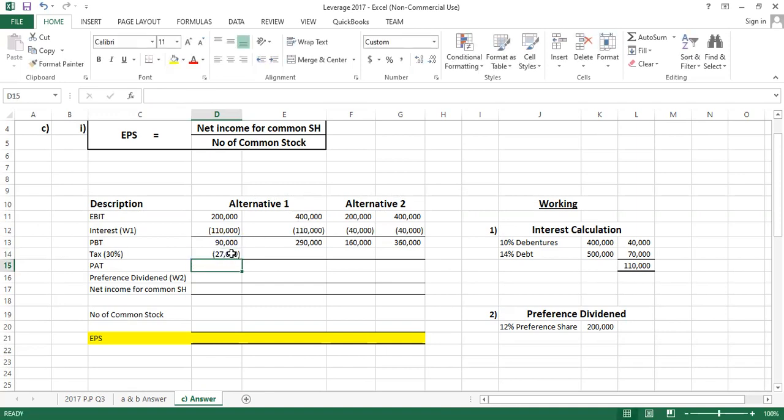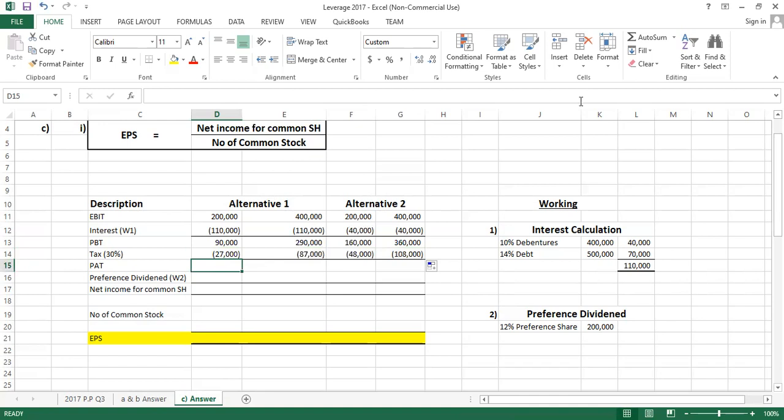So alternative 1 tax is 27,000 and 87,000. Likewise, alternative 2 tax is 48,000 and 108,000. Then we can calculate the profit after tax.